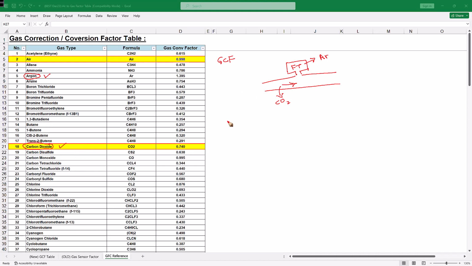So from this table, the gas conversion factor for CO2 is 0.740, and the gas conversion factor for argon is 0.998.